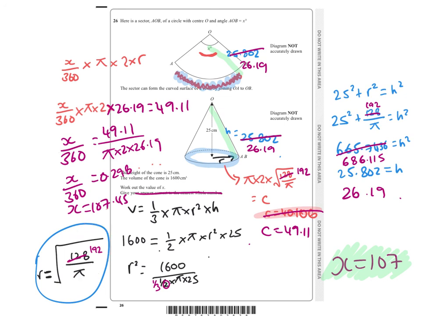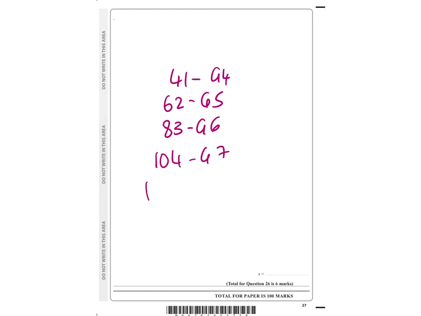Okay, perfect. 26. So 41 was for a grade 4, 62 a grade 5, 83 a grade 6, 104 grade 7, 131 grade 8, 159 a grade 9, okay?